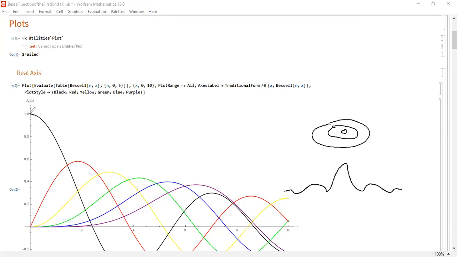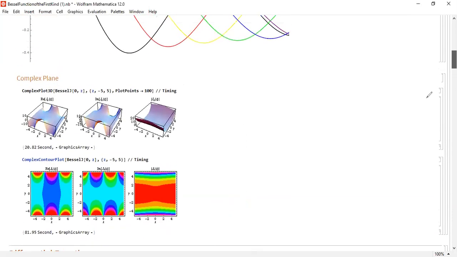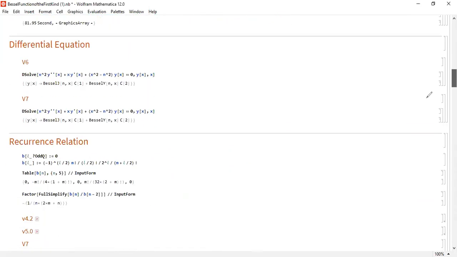That's exactly what these Bessel functions look like. They're kind of circular sines and cosines, if you will.